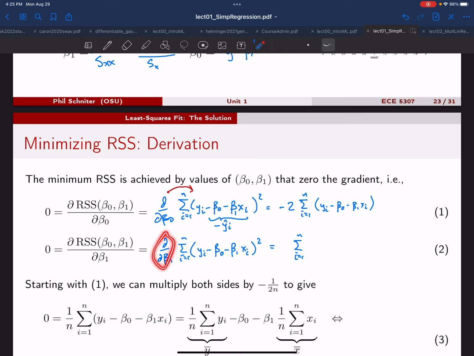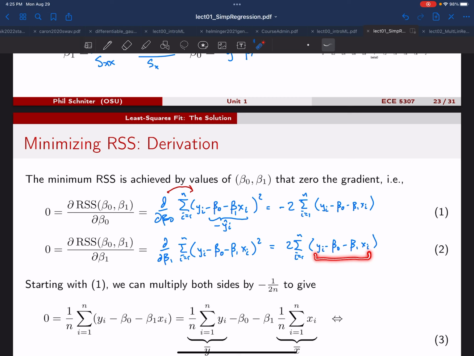We move this through the sum, so we have the sum over here. And then we work on this with the chain rule. We're going to get a 2, like before. We're going to get that inner term, like before.